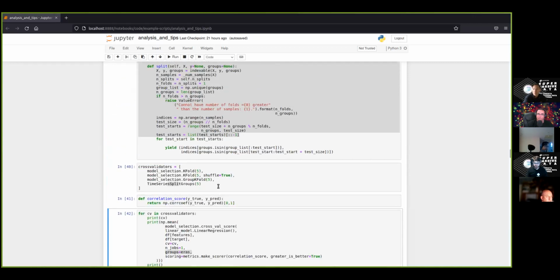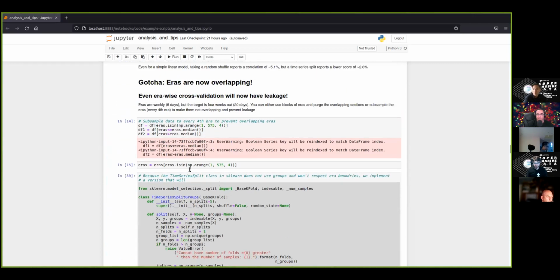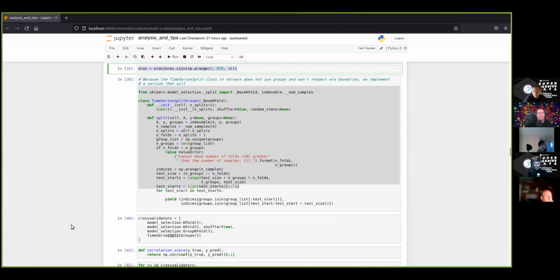Also, I should say that when doing this, I had downsampled eras, so only using every fourth era, so there's no overlapping. If you wanted to include all the eras in your cross validation, you'd need to write a routine that makes sure it is purging things at the boundaries of your folds, so you don't have overlapping weeks in separate folds.